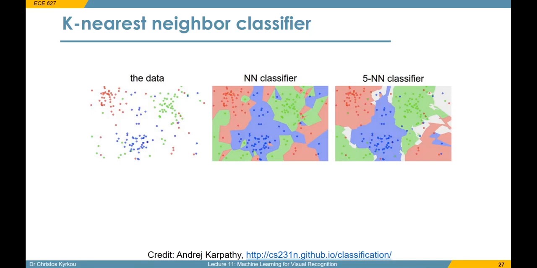There are a lot of small islands in the region that it forms, so we would say that this is not robust to outliers. If you look at the data, you could see that some blue dots are here and there, and they seem to be outliers. This could be because of noise or even wrong annotation in the data, and so on. We can see that the 5NN classifier gives much more robust results.